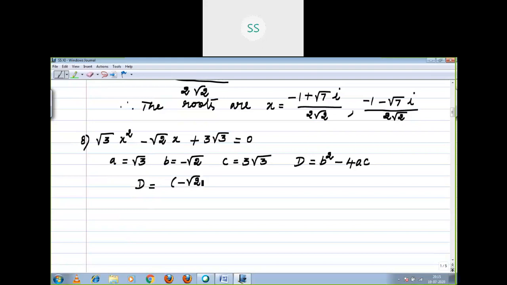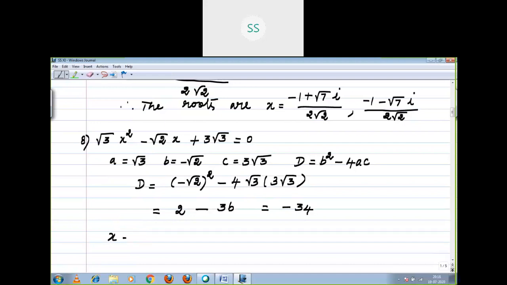Minus root 2 the whole square minus 4 into root 3 into 3 root 3, which is equal to 2. Minus into minus plus, root 2 into root 2, 2. Minus 4 into 3, 12. 12 into 3, 36. Root 3 into root 3, 3. 3 3s are 9. 9 into 4, 36, which is equal to minus 34.